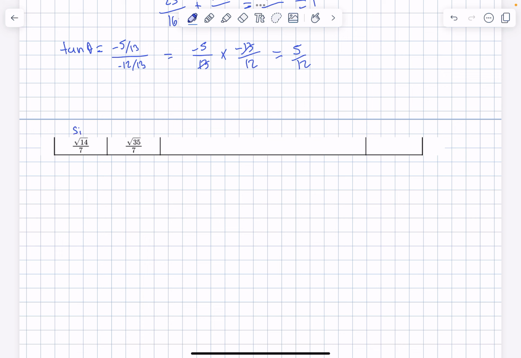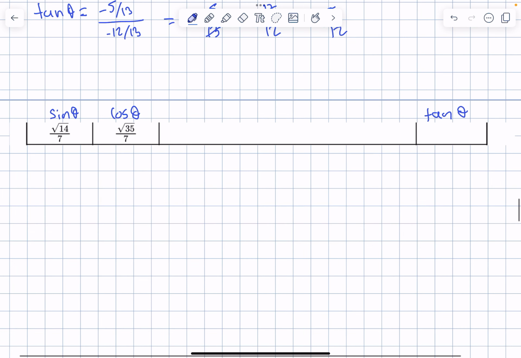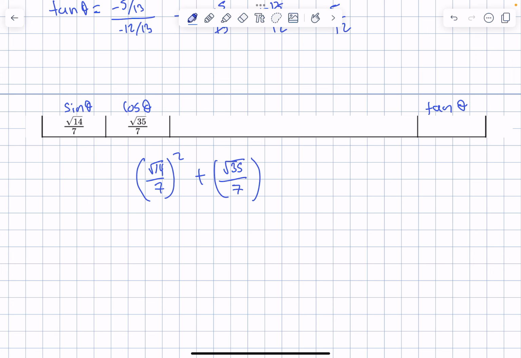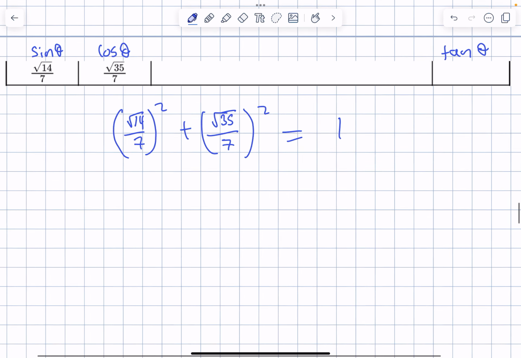Okay, so this is sine of theta, cosine theta, tangent of theta. We're trying to verify the identity. My identity is sine of theta squared plus cosine theta squared has to be equal to 1. So let's do this.